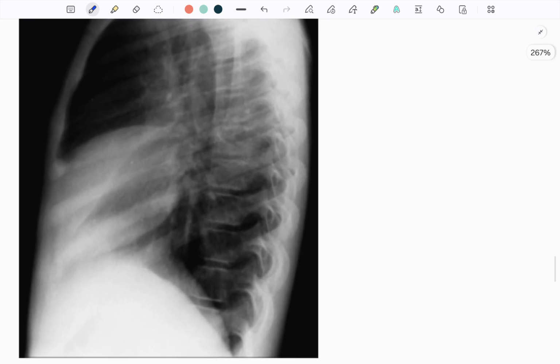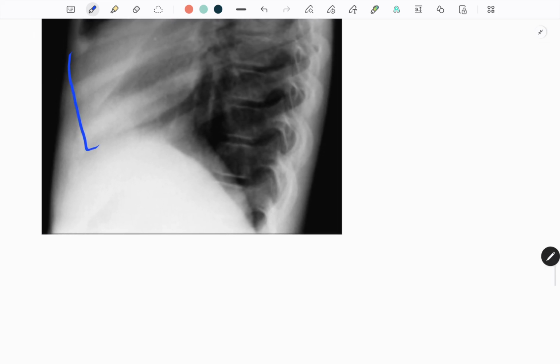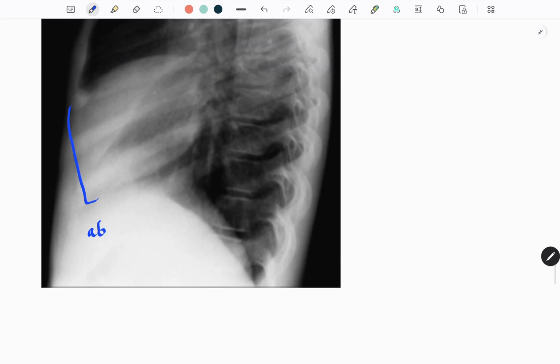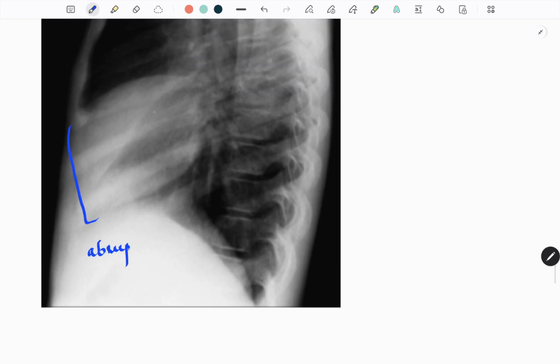Then there is an abrupt density change involving the cardiac area.